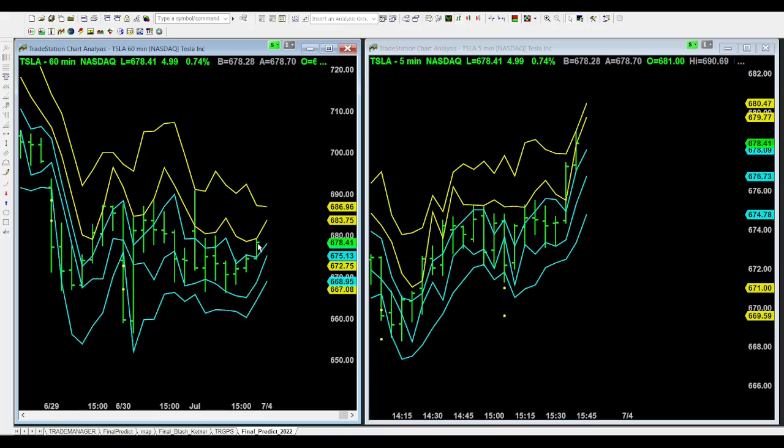Okay, so you can see when it reaches this yellow trend line for the 60 minutes chart, when it reaches this point at the top yellow trend line, the stock price started to decrease.